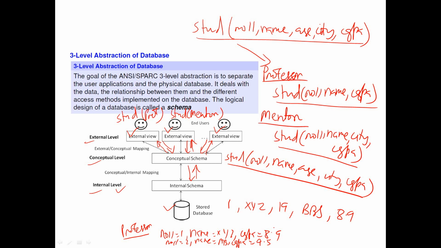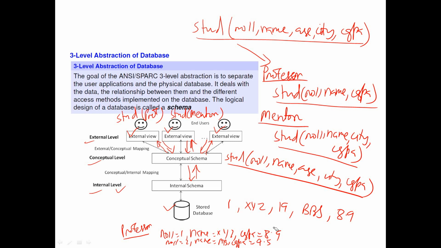Okay. So who will maintain that relationship? Whenever we give the request from the external level to the conceptual level, and the response from the conceptual level to the external level, who will maintain that? Similarly, from the conceptual level to the internal level, whatever interaction we are doing, who will manage that?